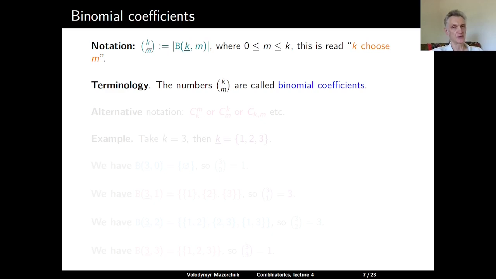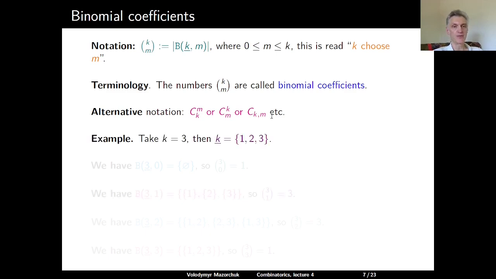And these kind of symbols are called binomial coefficients. Why will be clear from the next slides. Alternative notations are C sub k upper m or C sub m upper k or C sub k comma m, and there are many others. So here C means combinations.